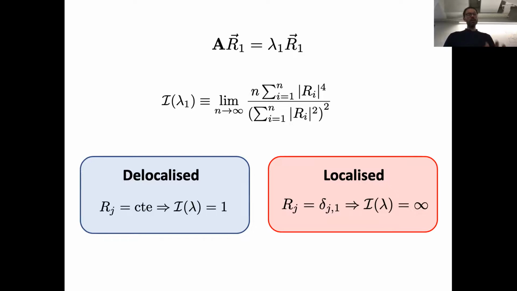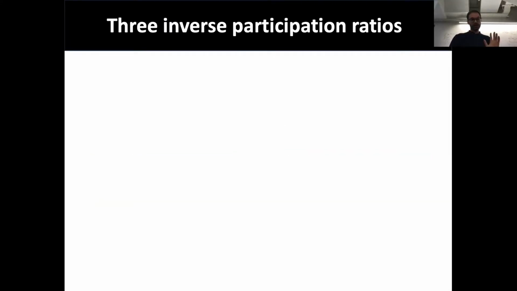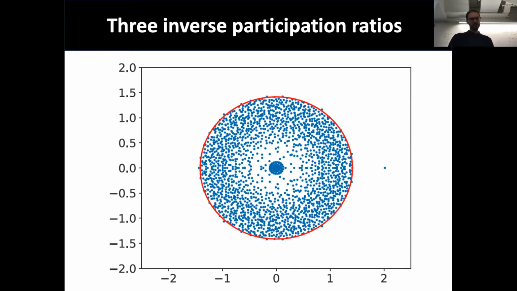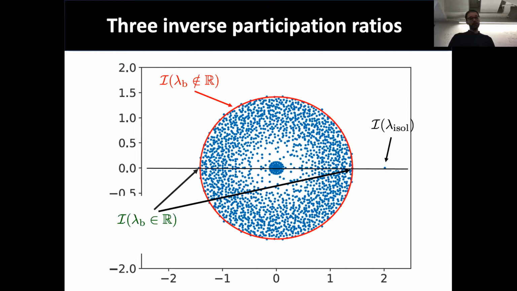And interestingly, we can as well derive analytical results for this inverse participation ratio for random directed graphs. There are, in fact, 3 inverse participation ratios: the outlier, the boundary, and the boundary when you're real. They give different values.